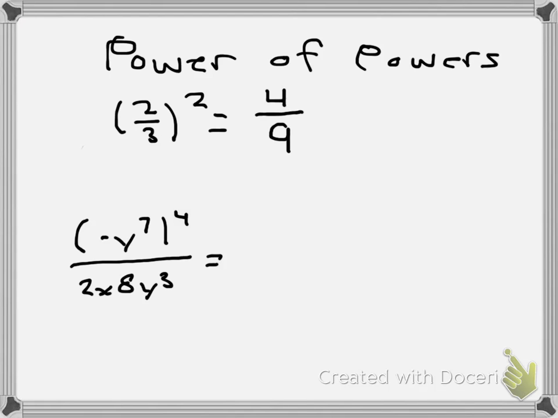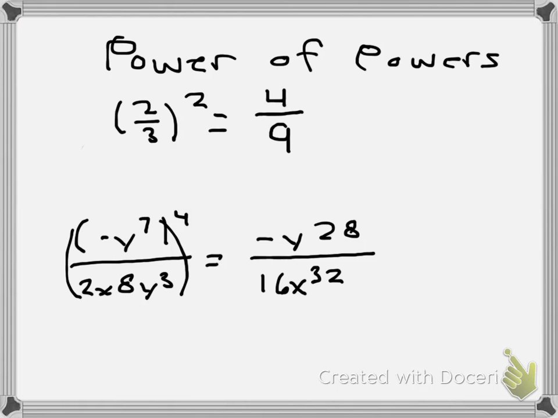And then for this last part, first you raise everything to the 4th power, so this will be a negative y^28 over 16x^32 y^12.